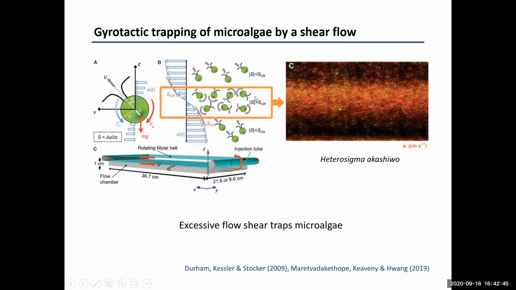What is well known is that at this location of large shear rate, those swimmers can form a layer. This is a suspension of Heterosigma akashiwo, another gyrotactic swimmer, and they show that the excessive shear can trap the microalgae, so the microalgae form this thin layer.